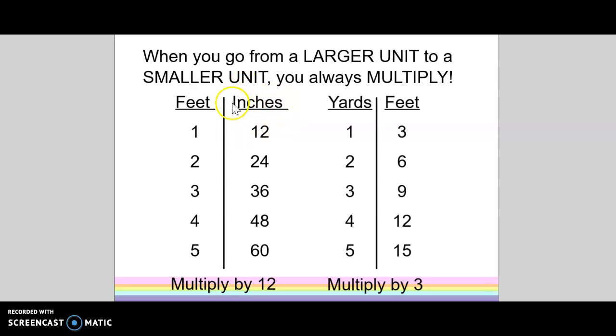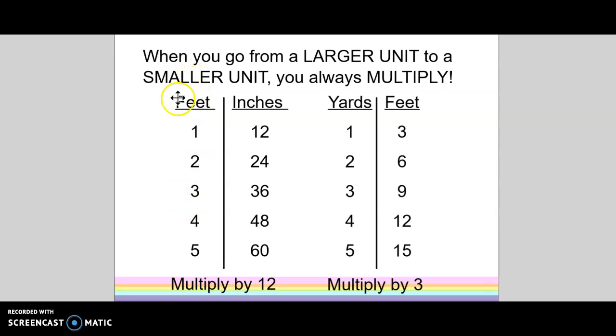So you need more of the smaller to make up the larger units. So the smaller the unit, the larger the number is going to be when you're doing your conversions. So if you're going backwards, if you're going from a smaller unit to a larger unit, you're going to divide.